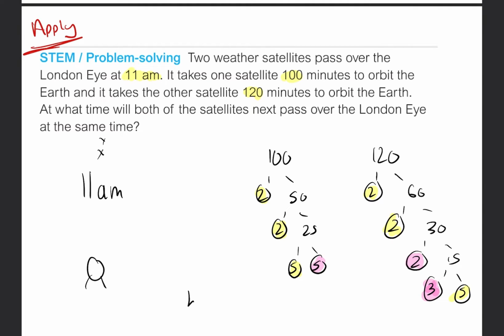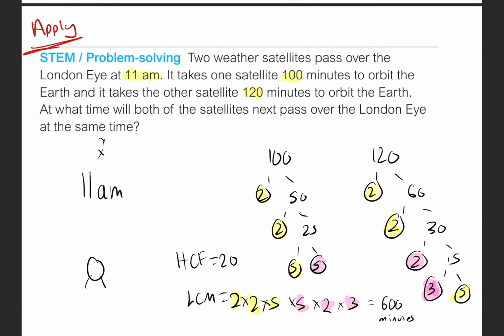So the highest common factor is 2 times 2 times 5, which is 20. Multiplied by what's left, times 5, times 2, times 3. And that's going to give us an answer of 20 times 5 is 100, times 2 is 200, times 3 equals 600 minutes. There we are.